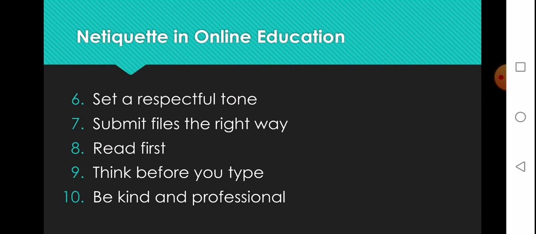Online course instructors often establish ground rules for file assignment submissions, like naming conventions that help them keep things organized or acceptable file formats. Ignoring these instructions is a common example of bad etiquette. 8. Read first. 9. Think before you type. And 10. Be kind and professional.